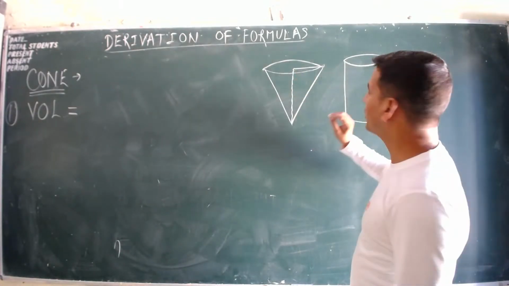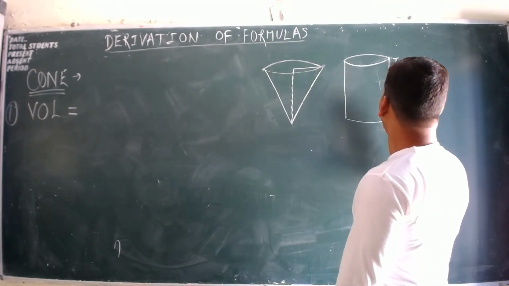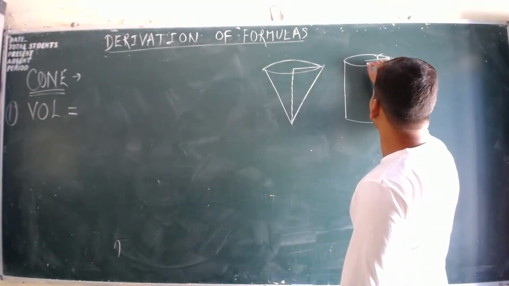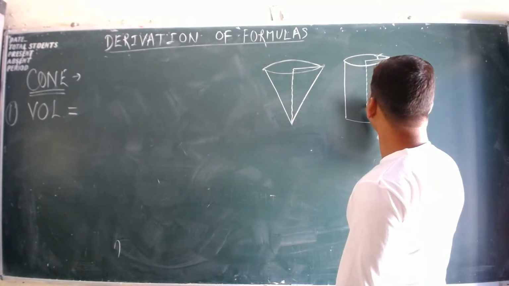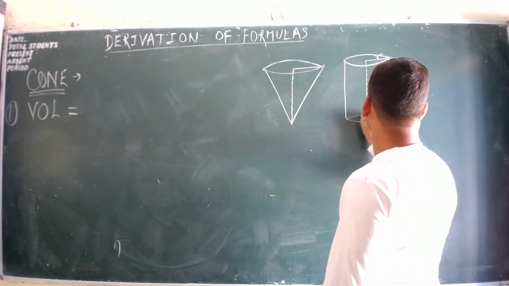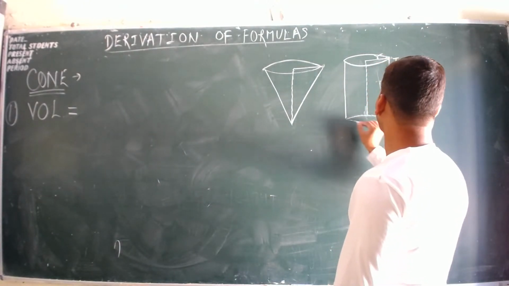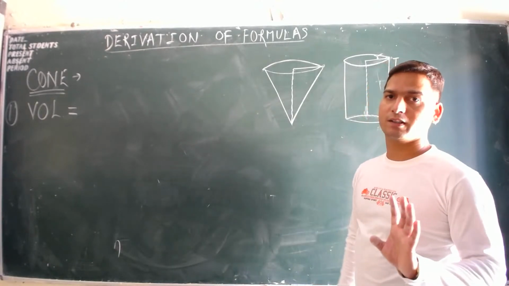If the height of the cone and cylinder is the same and the radii are also the same, then these two shapes are known as equivalent figures. I am not saying equal figures.